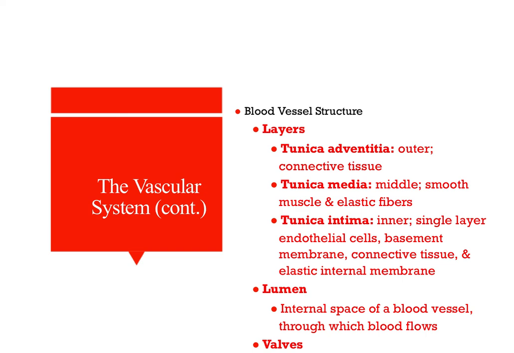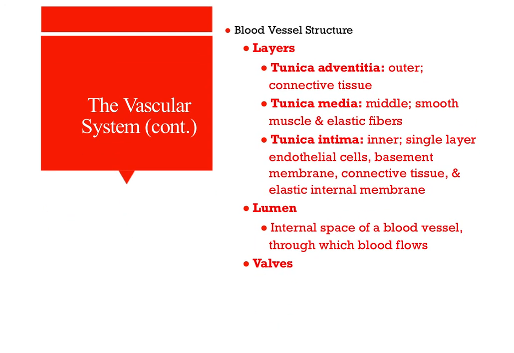And then right here, the lumen. You need to know this definition, okay? The lumen. Lumen just means internal space, okay? In this instance, this is saying that the blood vessel has an internal space or lumen through which the blood flows, okay?